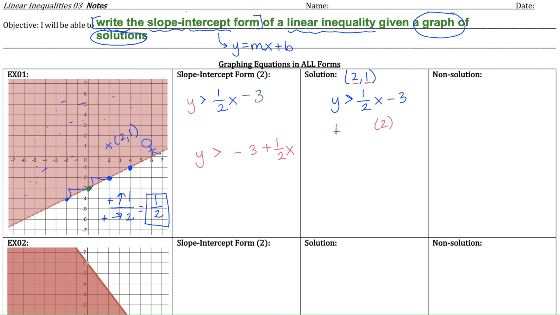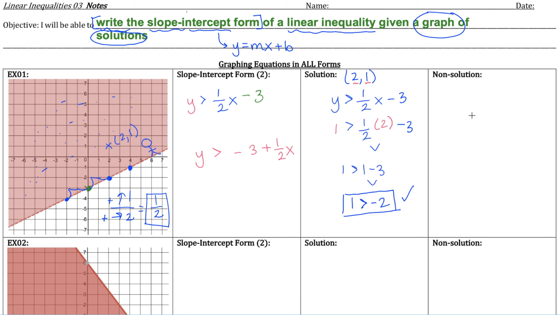When I see y, I'll put 1. So 1/2 times 2 minus 3 should be less than 1, or 1 should be greater than that, right? So 1 is greater than, half of 2 is 1, and 1 minus 3 is -2, and 1 is in fact greater than -2. Let me rewrite this. 1 is in fact greater than -2.